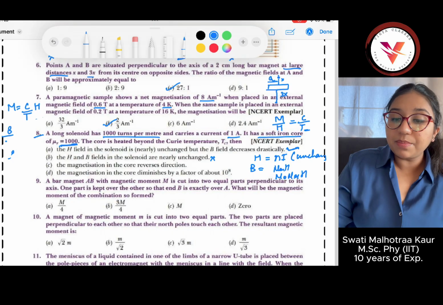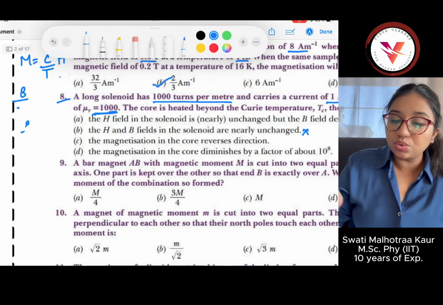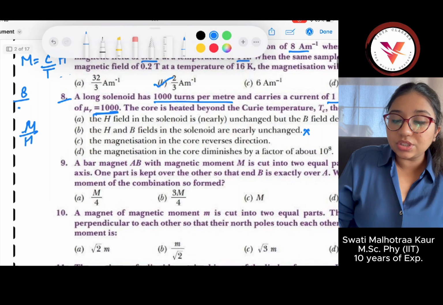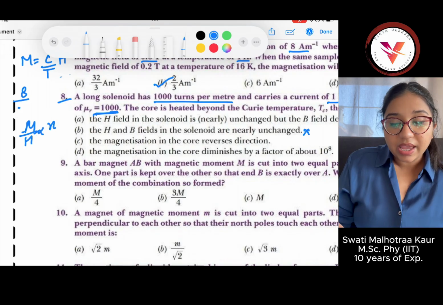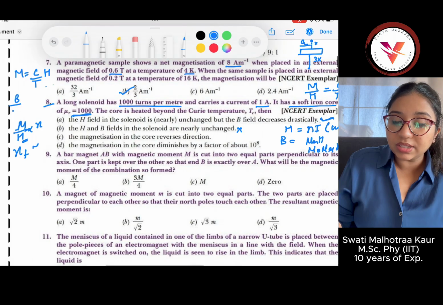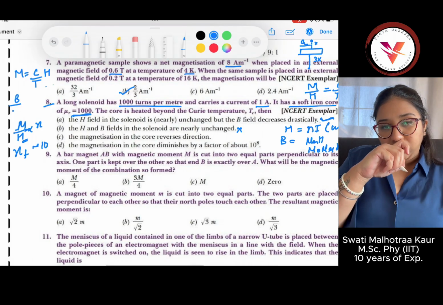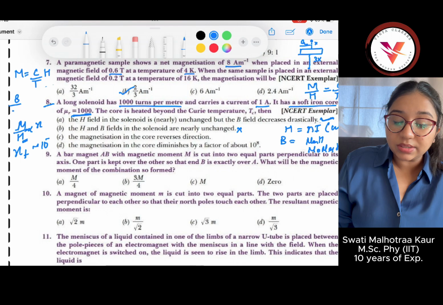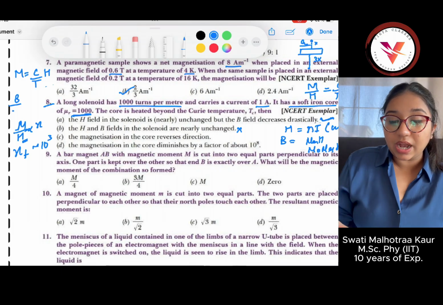And for the magnetization also, you know that M by H is proportional to chi. H here is constant, but chi for a ferromagnet is of the order of 10 raised to the power 3, and chi of a paramagnet is of the order of 10 raised to the power minus 5.